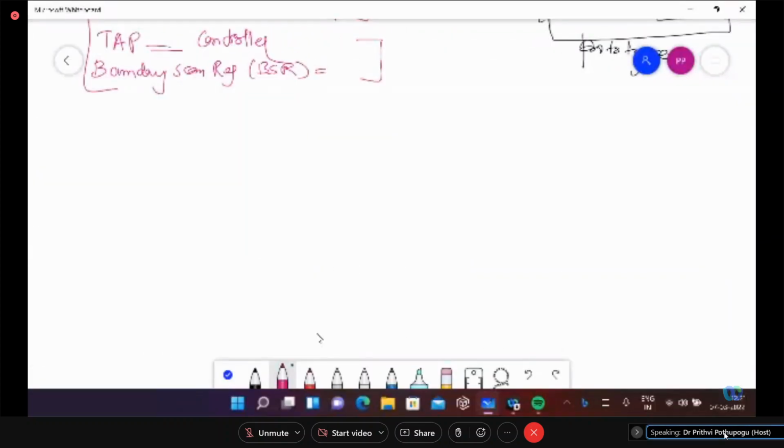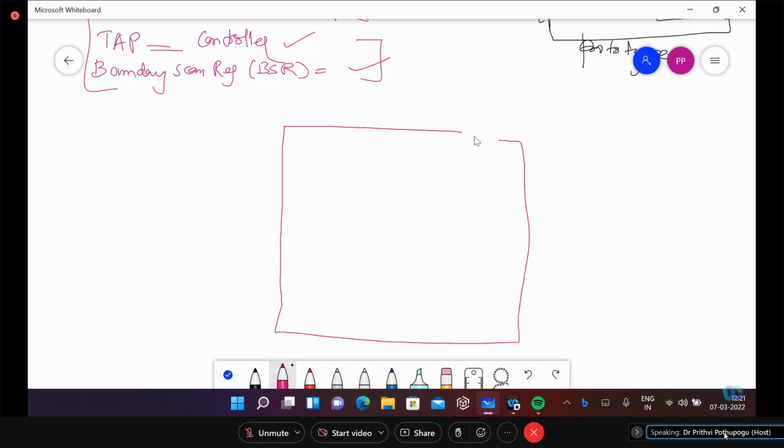Now, having the TAP controller and boundary scan register, the setup they have issued is that each of the testing will have a space for the circuit under test, what we call core logic. Circuit under test you can call it, or combinational logic.